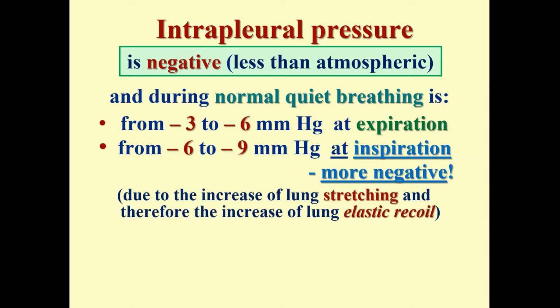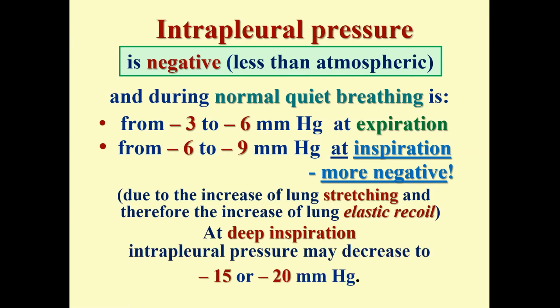With inspiration, we have a greater degree of stretching, and this stretching attempts to increase the volume of the intrapleural space. So an attempt to increase volume in a non-stretchable area produces a decrease in pressure. We observe it on the next slide again. So at deep inspiration we can reach even more negative values.